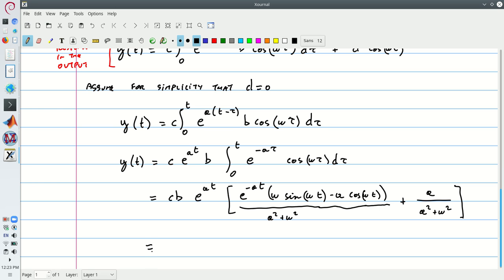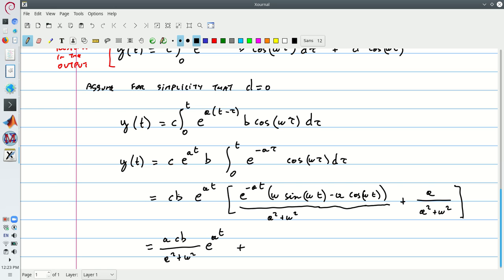So let's do a little better. Let's massage this a little more. So let's consider this simple term. I'm taking this term and I'm multiplying this by c b exponential of a t. So I have a c b divided by a square plus omega square, exponential of a t. And this is the first term.